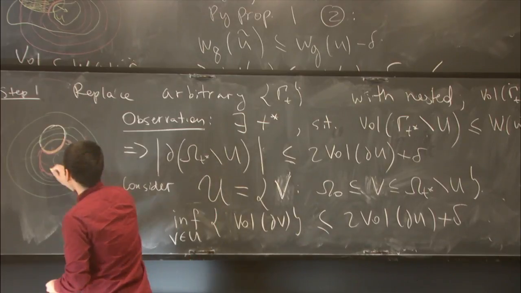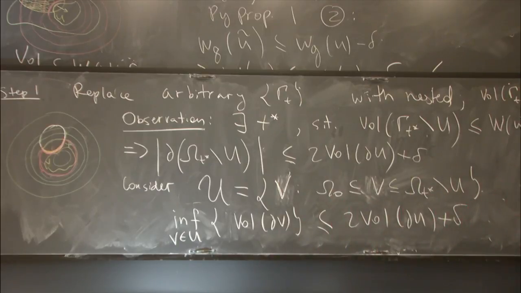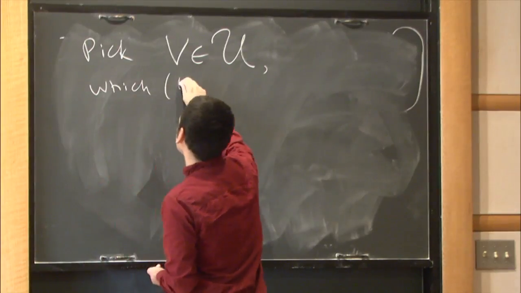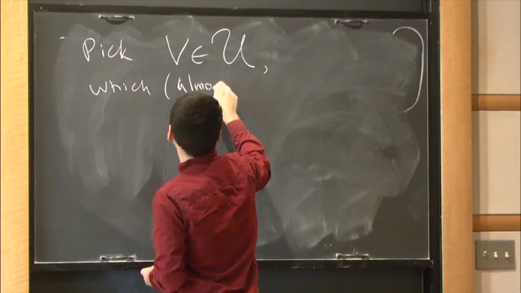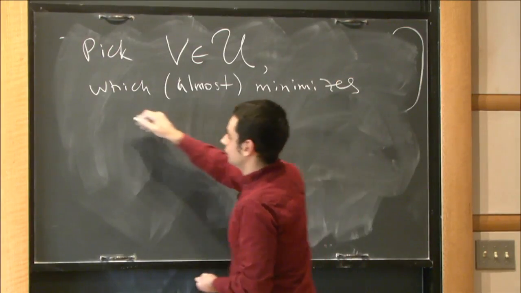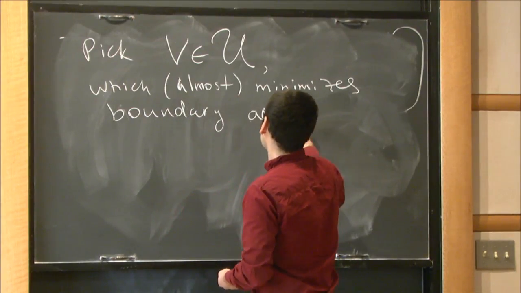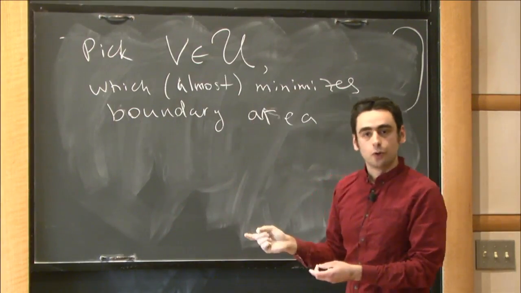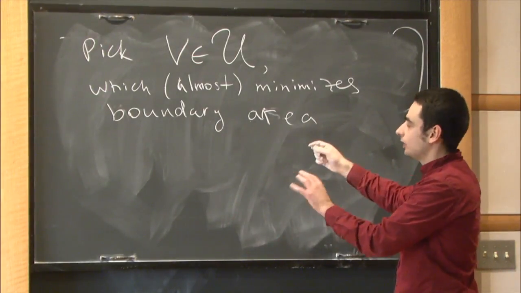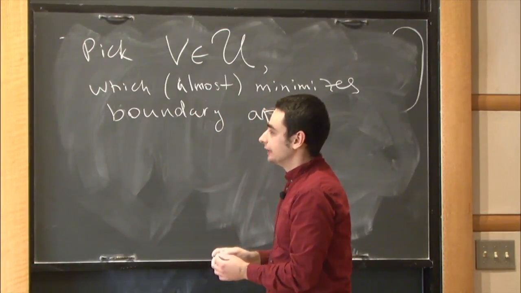So these will be our sets V, which almost minimize boundary area. So we would like to avoid the issues of singularities, and therefore we allow a tiny bit of larger area than the minimizer.